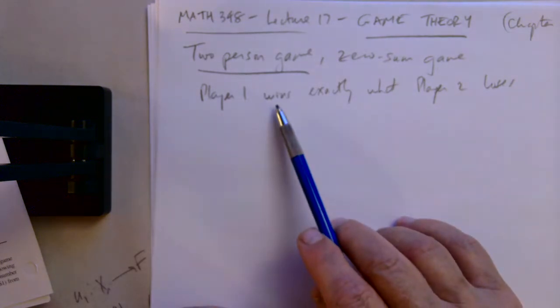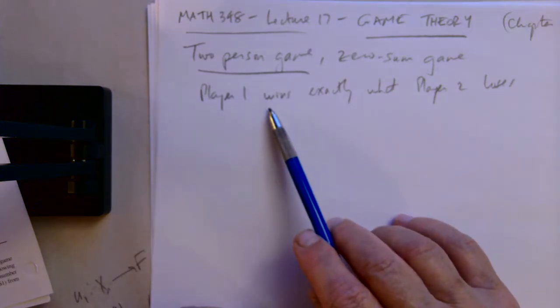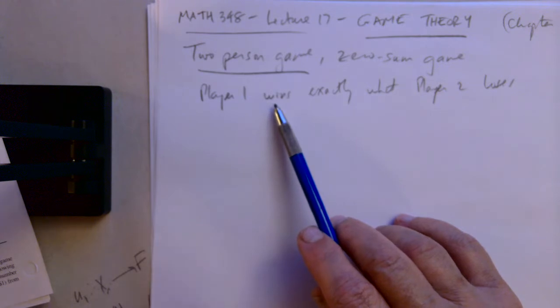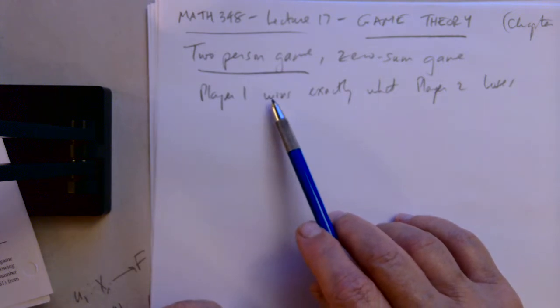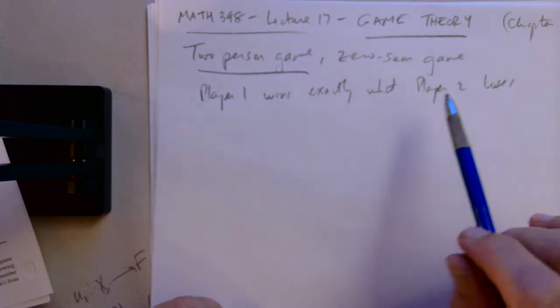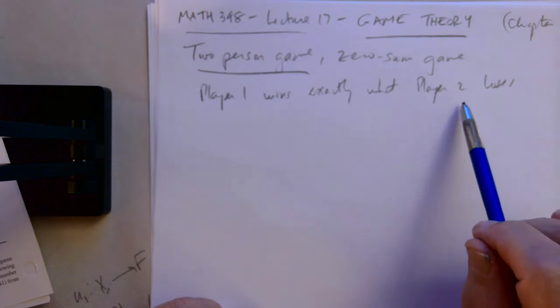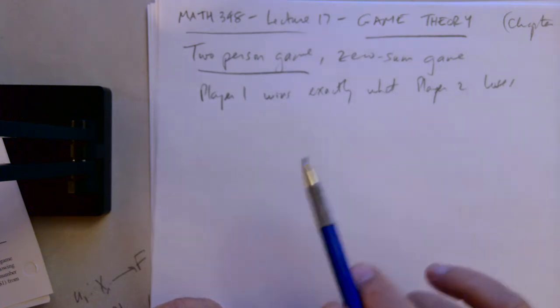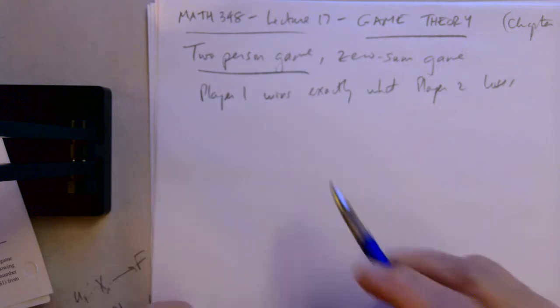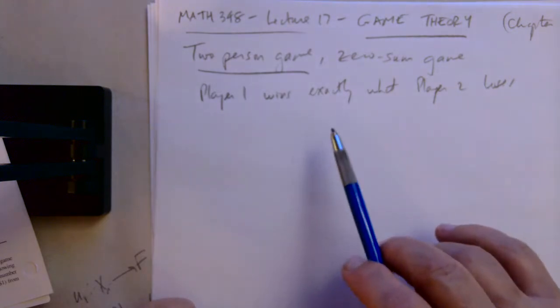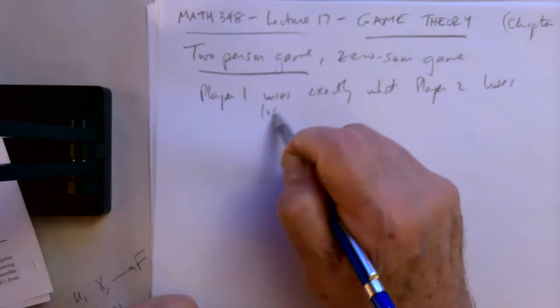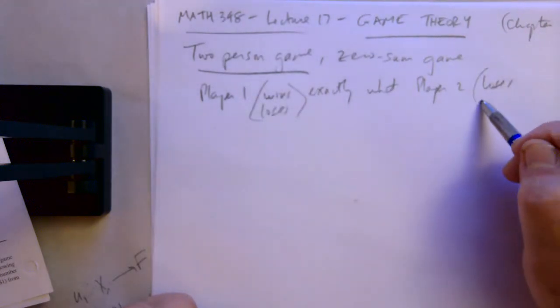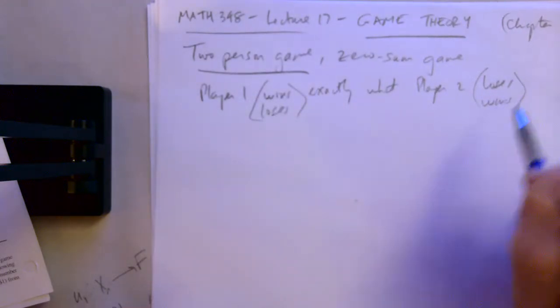So if player one loses $1,000, that means he's won minus 1,000, and player two loses minus 1,000, so that means he wins 1,000. So what player one wins or loses is exactly what player two loses or wins.